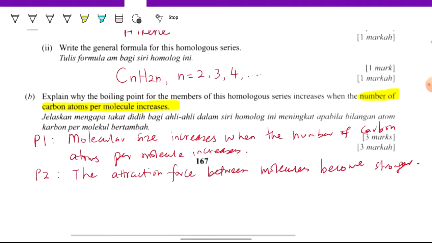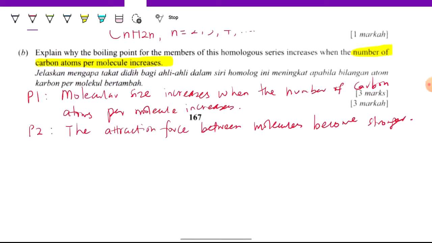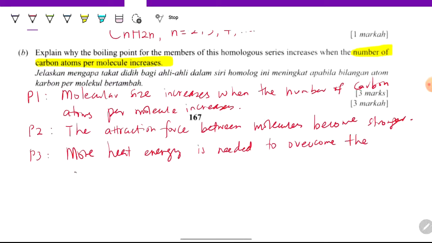So what will happen if the attraction force between the molecules becomes stronger? So point number 3, more heat energy is needed to overcome the stronger forces. So boiling point increases. Okay, so 3 marks.